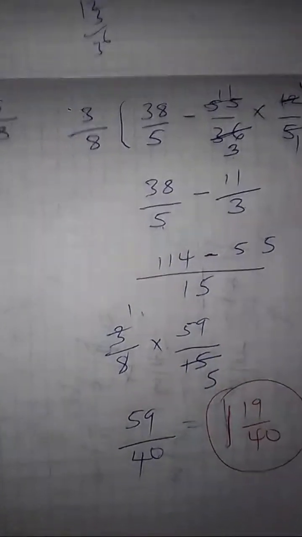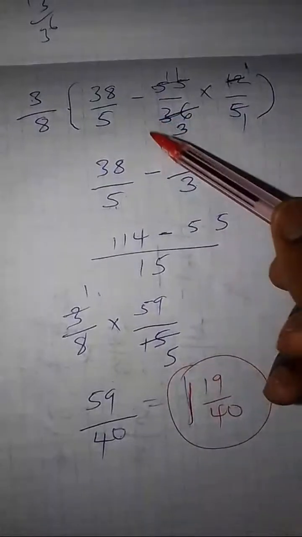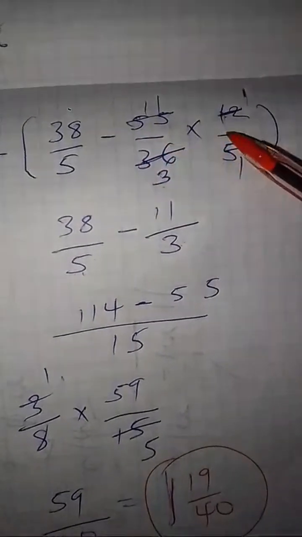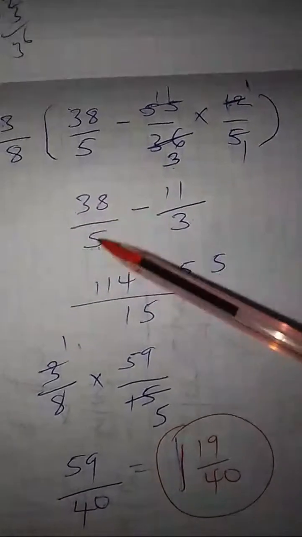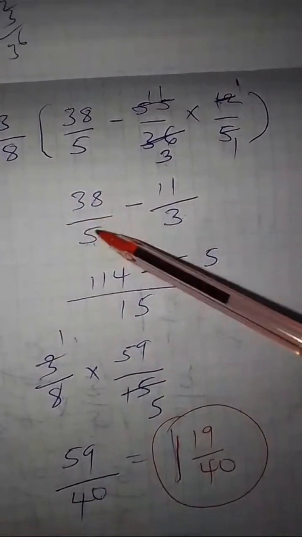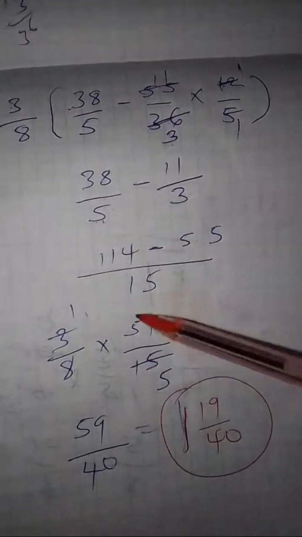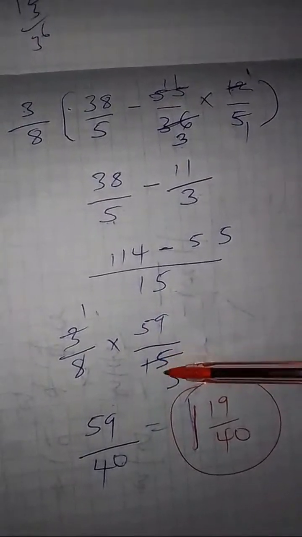And you can check how we had started it all this time, and how we had done the multiplication. We first simplify, then we divide both sides, then from there we arrive at 38 over 5 minus 11 over 3. Then we subtract. So the number inside the bracket is 59 over 15.